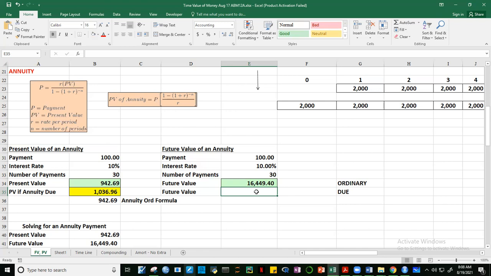Let's wait for a few more seconds for the others to write their answers sa chat box natin.